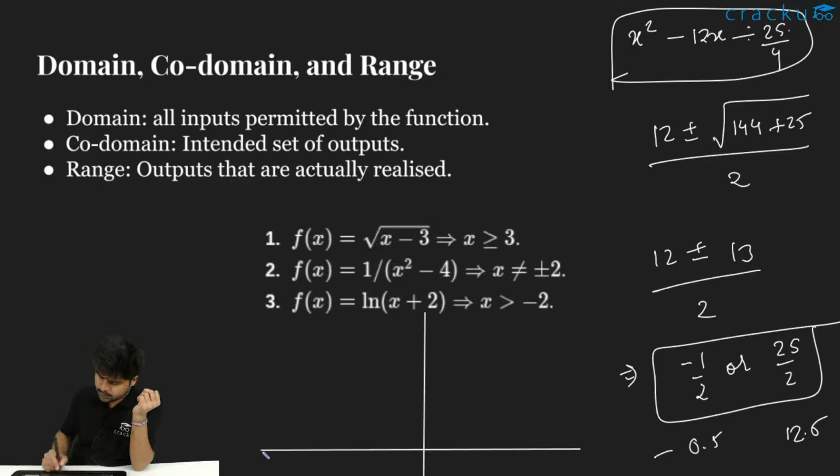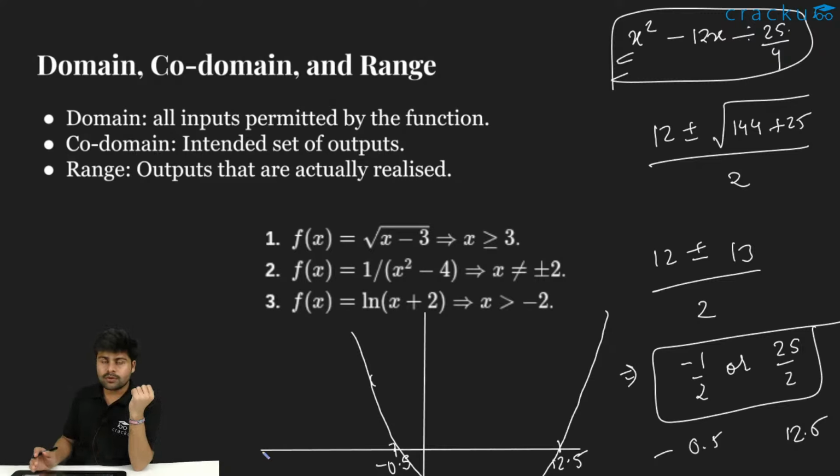Okay, so here we have minus 0.5 somewhere over here, then we have 12.5 somewhere over here. It is a quadratic equation. The coefficient of x squared is positive, so the quadratic will look something like this. This is how the quadratic equation will look.